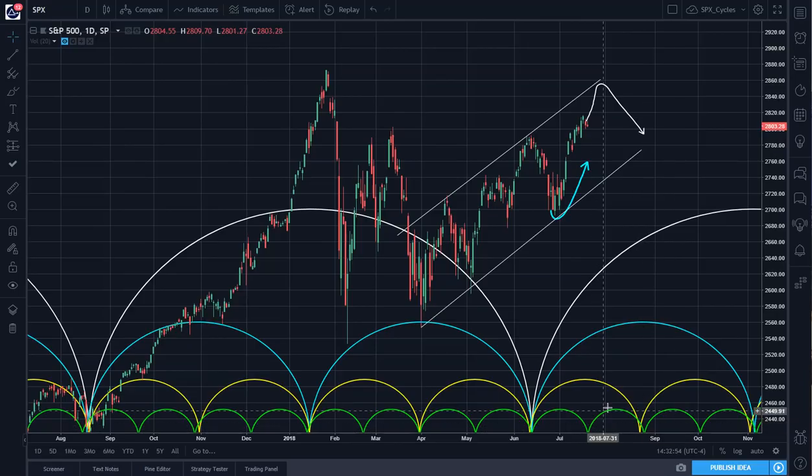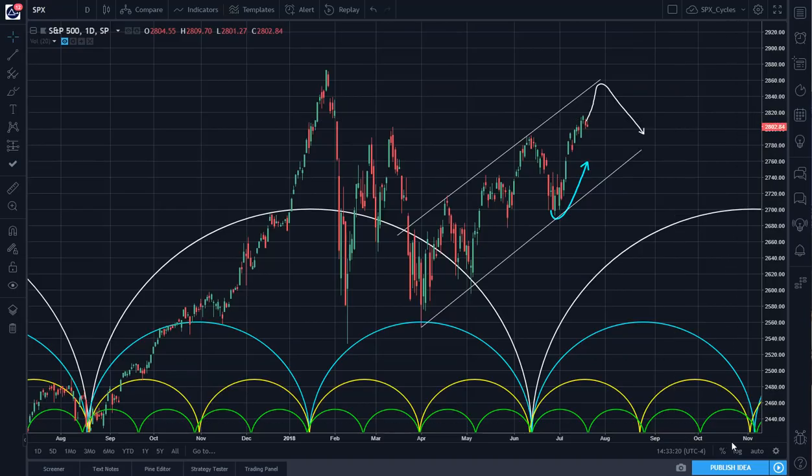However, the 5-week is pulling up strong right now. The 20-week is still pulling up strong, and the 9-month 40-week is still pulling up really strong. So I think we're going to still see price going to 2854, if not in excess of the 2876, making all-time new highs.